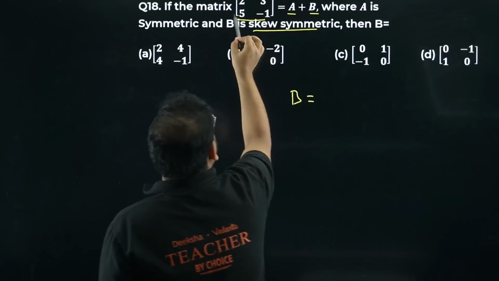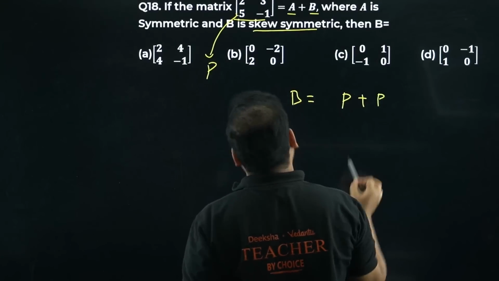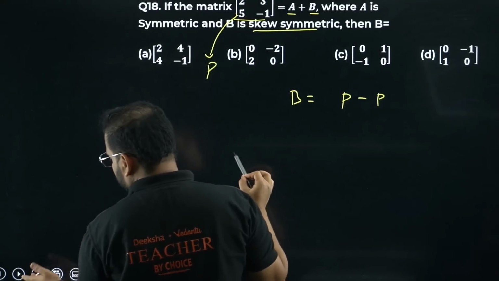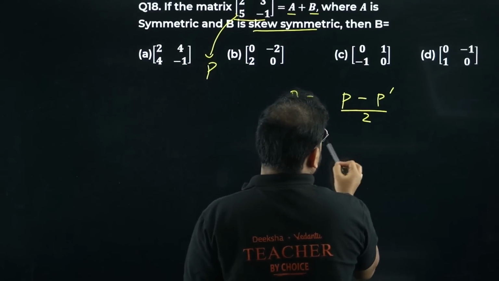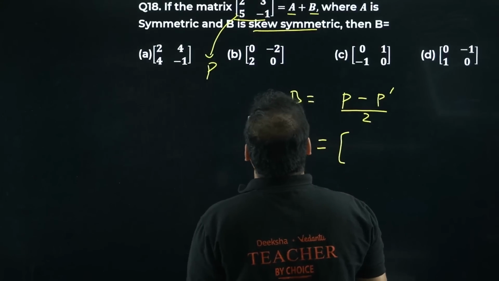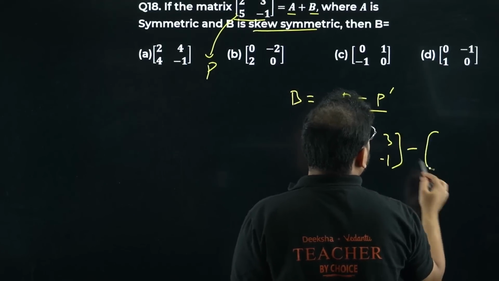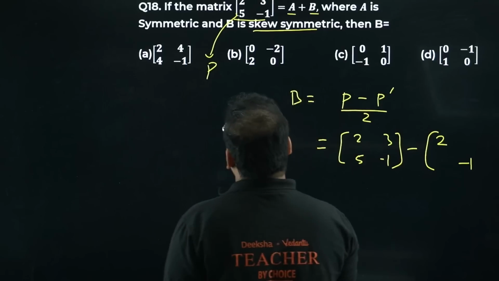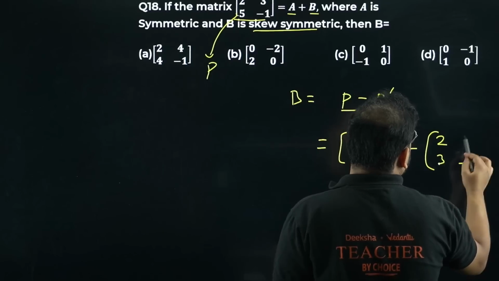If I call this matrix P, it becomes P plus... my bad, P minus P dash upon 2, since I'm asking about skew symmetric now. Do this P minus P dash. First P: I'll have 2, 3, 5, minus 1. Then we'll put a minus sign. P dash will become 2 and minus 1 remain as they are, and then I'll have this as 3, this as 5.